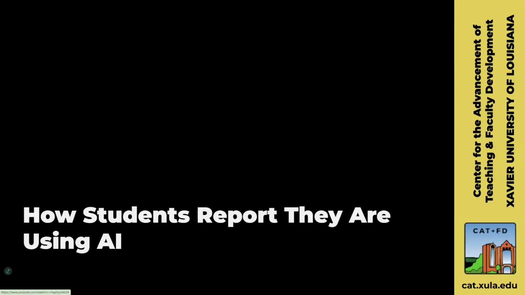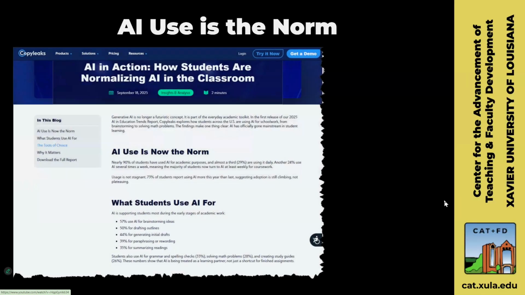I don't really want to necessarily harp on that. I do want to talk a little bit about how students are reporting that they are using AI, because I think most students are trying to use AI to help them with their academic work and not necessarily for cheating.